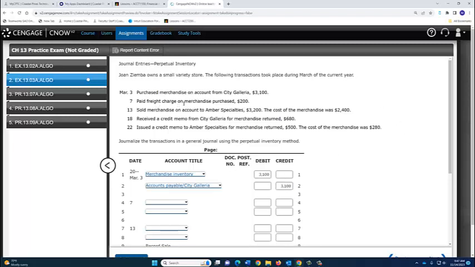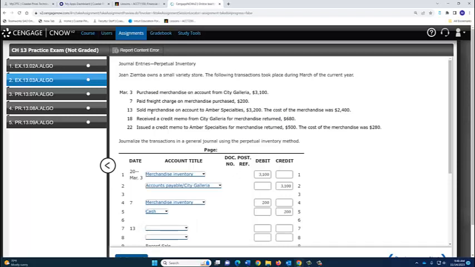If we pay freight on the merchandise purchased, the freight becomes a part of the cost of the inventory. So instead of recording that separately in the freight in account, we're going to put it in the merchandise inventory and add it to the cost of the merchandise we purchased. Okay, and we paid it, so it is coming out of the cash account.